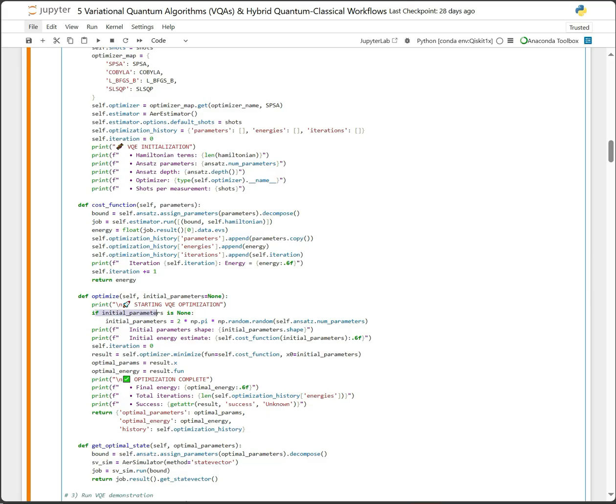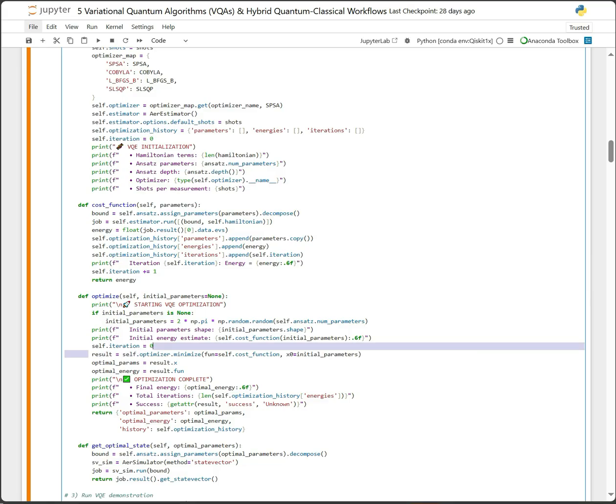In the initial parameters, if not provided, use random initialization. Random angles go from 0 to 2 pi, and why random? Because we don't know the answer, so the starting point doesn't matter much for VQE. Imagine that you have any numerical method, you just set some random value to start.